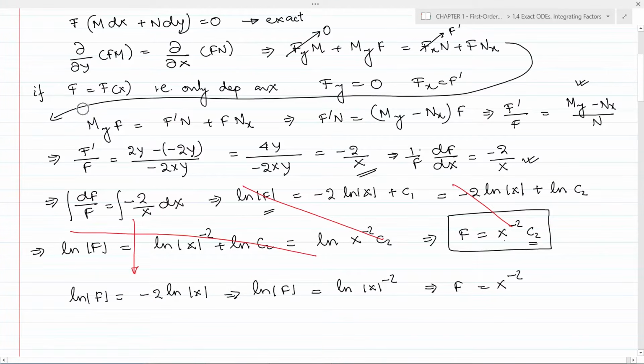You can remember that we have taken an integrating factor which is only a function of x, and that is what we got. The integrating factor is only a function of x.